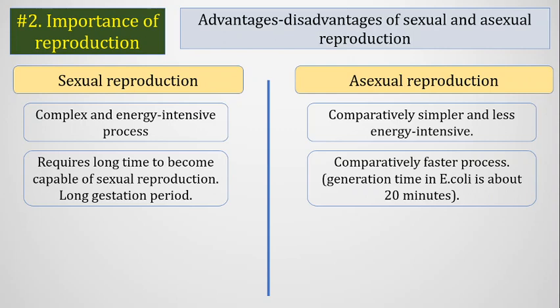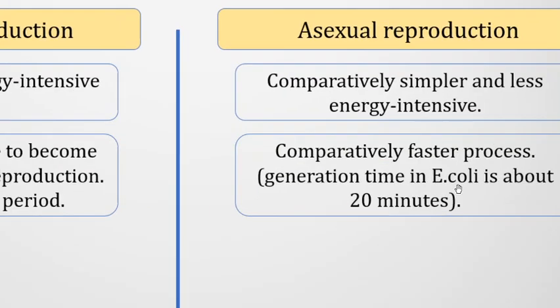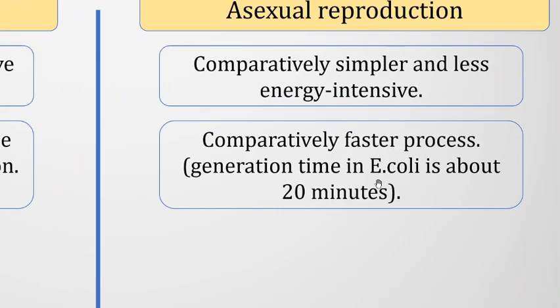So this process requires much more time, but asexual reproduction is a comparatively faster process. For example, we know that E. coli bacteria reproduce asexually by mitosis cell division, so their generation time is very short. In favorable conditions it can reproduce in only 20 minutes.